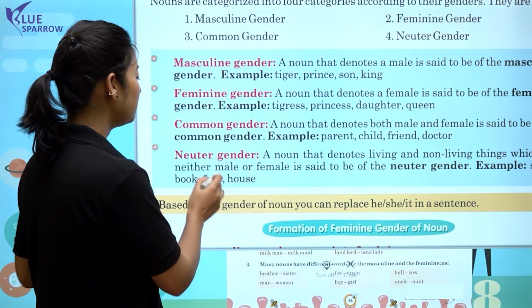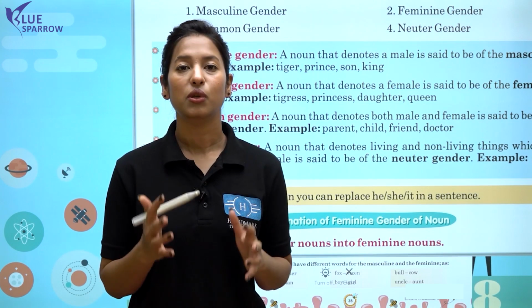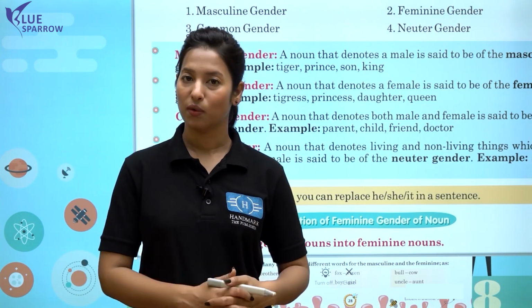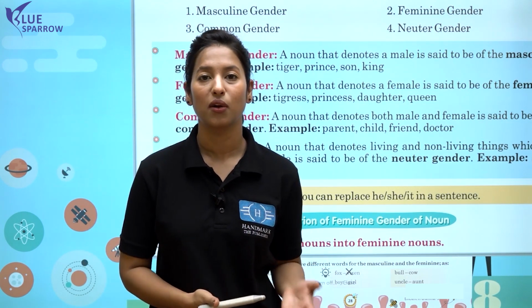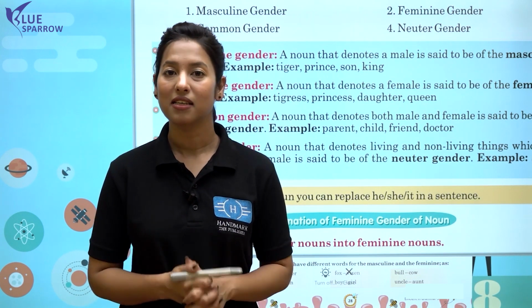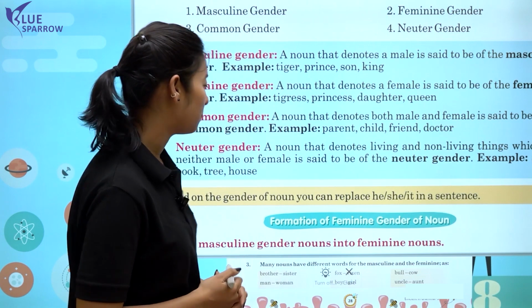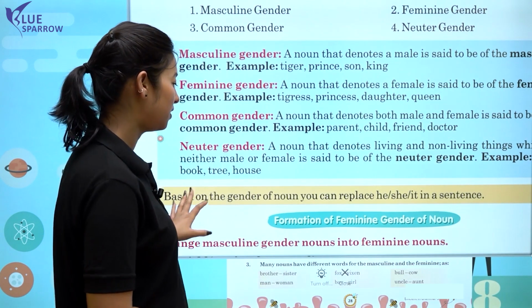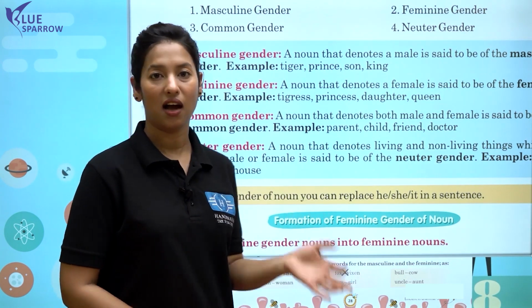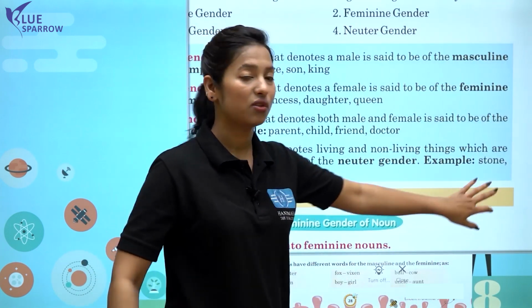Now, the last gender we have is, children, neuter gender. It is used for the nouns that are neither male nor female, and these nouns can be living or non-living things. For example, we have a book, tree, house and stone.